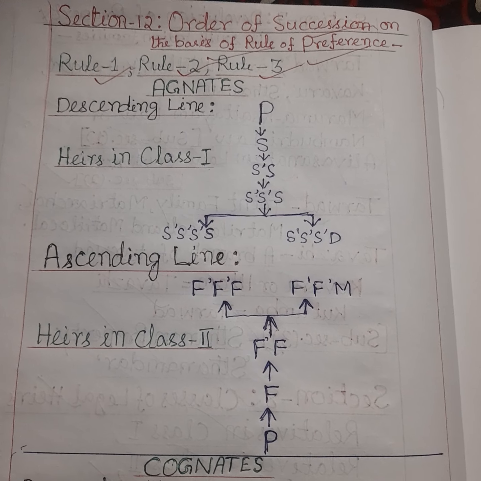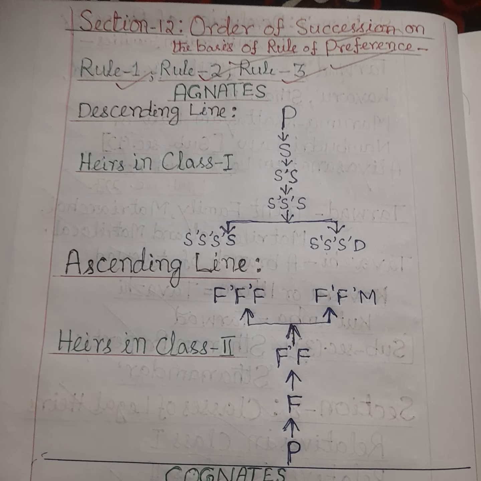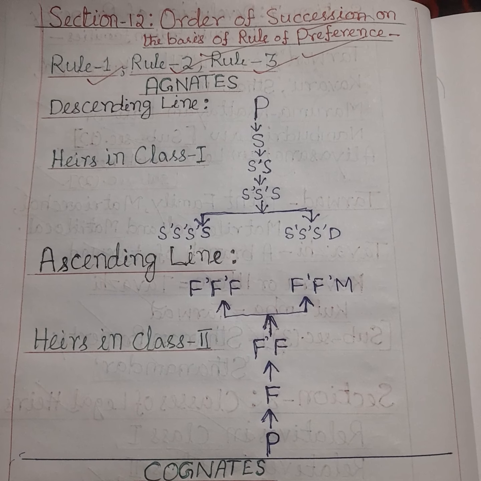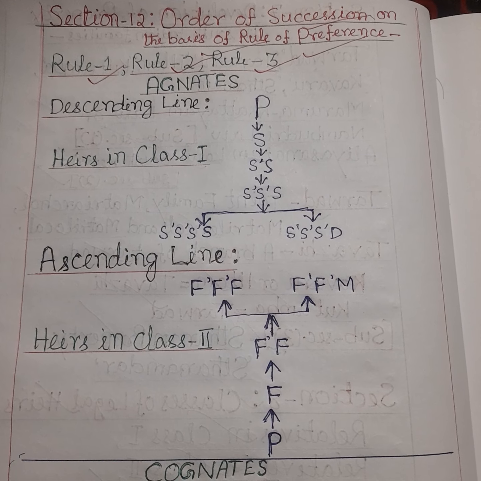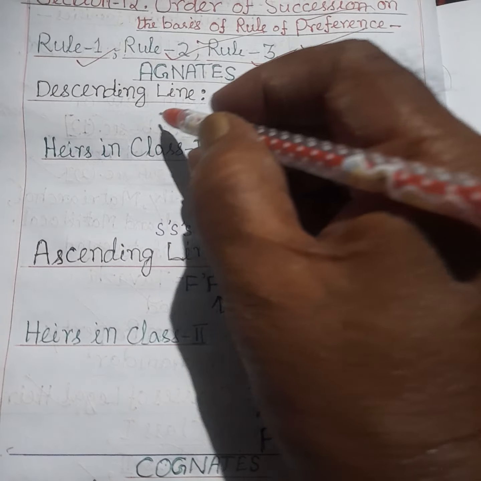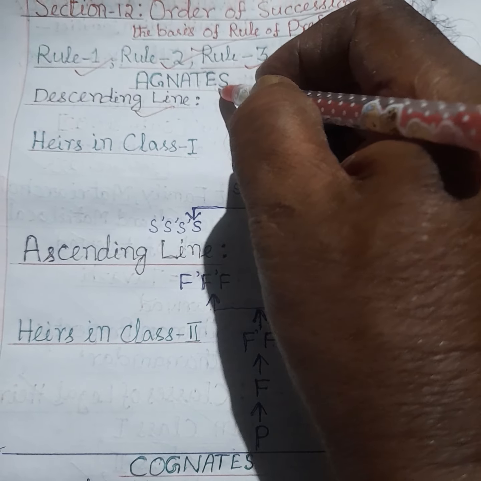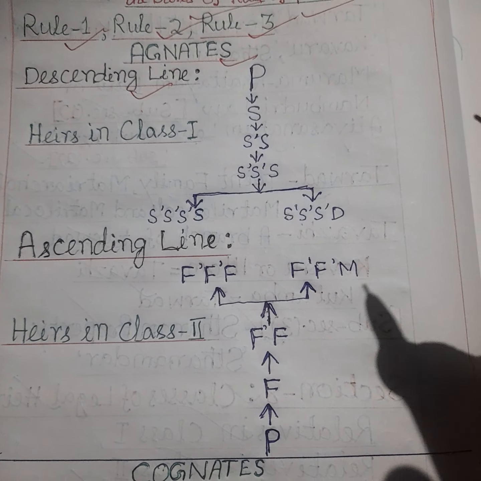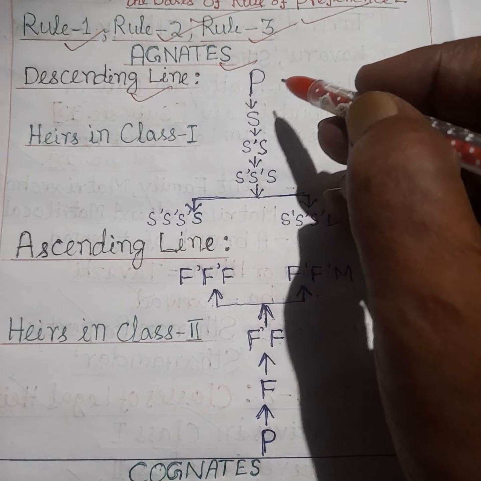So, regarding that, we will discuss how, under the descending line among the cognates, the rule of preference applies.